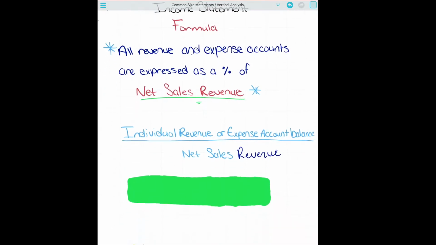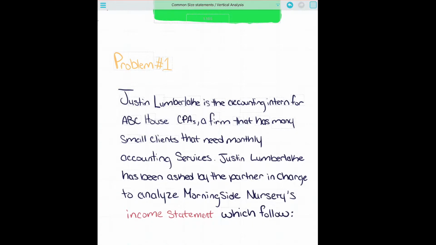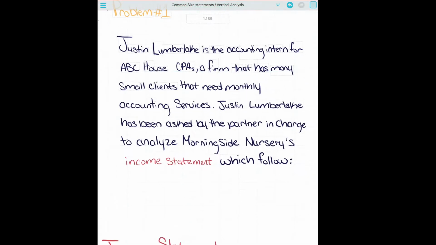Okay? Now, the first problem is Justin Lumberlake is the accounting intern for ABC House CPAs, a firm that has many small clients that need monthly accounting services. Justin Lumberlake has been asked by the partner in charge to analyze Morningside Nursery's income statement, which follows.